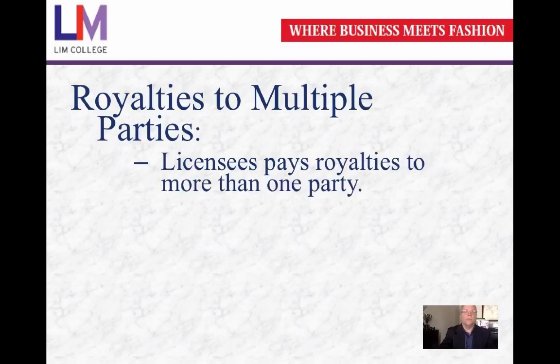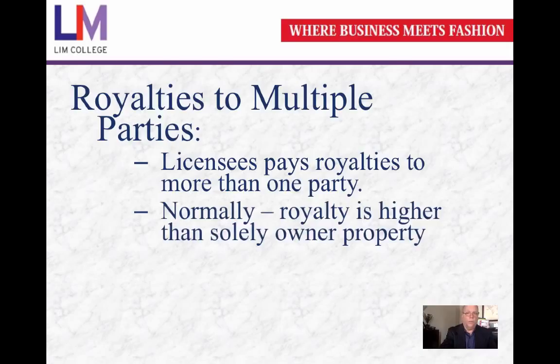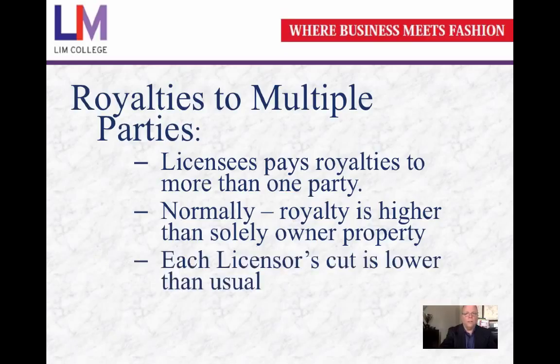Royalties sometimes are even paid to multiple parties. Licensees may pay royalties to more than one party, and this is normally a higher percentage than a solely owned property, and each licensor's cut is lower than usual.